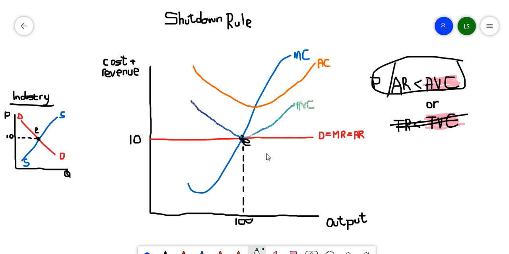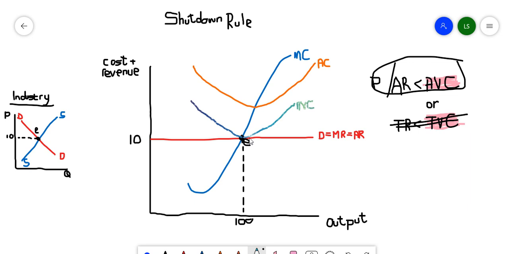Now this point E means that my average variable cost is touching here, at my profit maximization point. So my average variable cost is equal to the price.